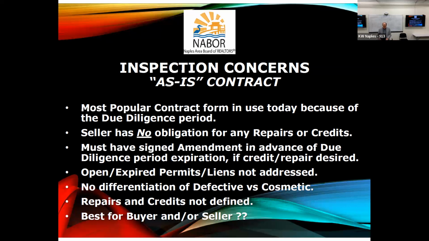So now we're going to come to one of the most complicated parts of the contract. I'm going to probably postpone that because I want to show you the NABOR financing and financing contingency side by side with the FAR. They're very different.